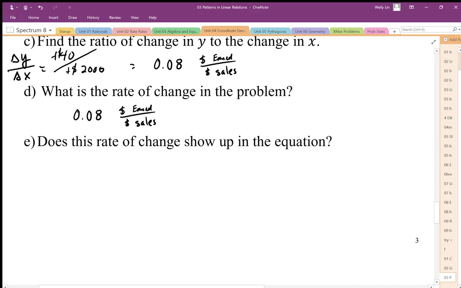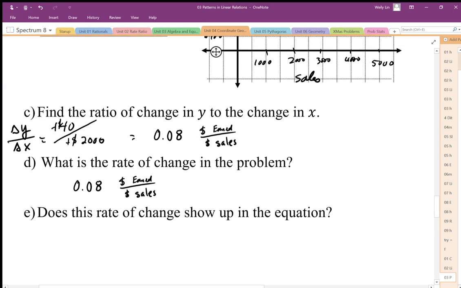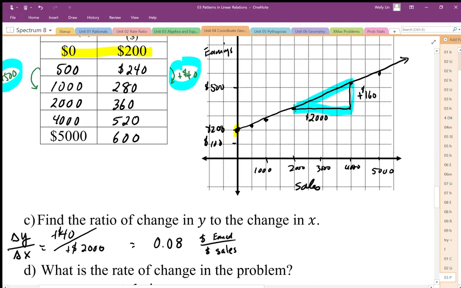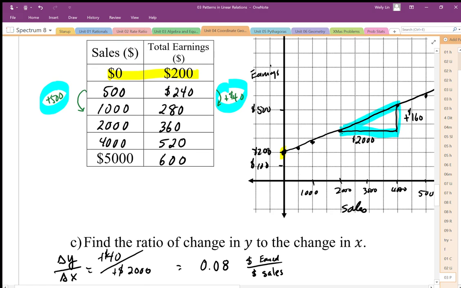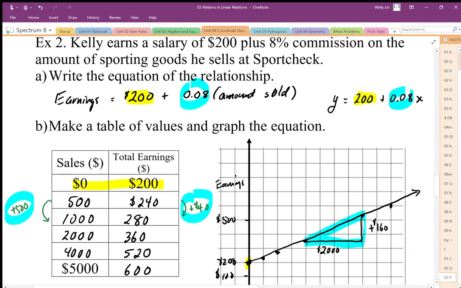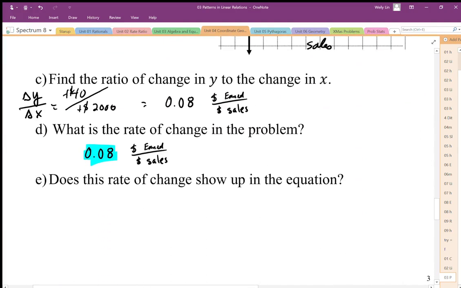Does the rate of change show up in the equation? Well, the rate of change looks like it's showing up in the triangle in the picture. It's showing up as the ratio of change on the outside of the graph, and it's showing up as a multiplier in my equation. So I better write this down.